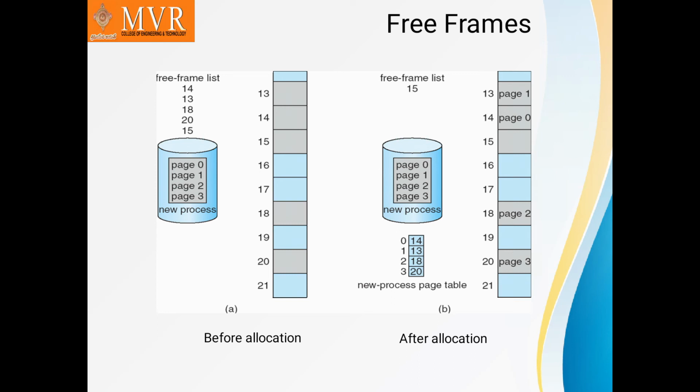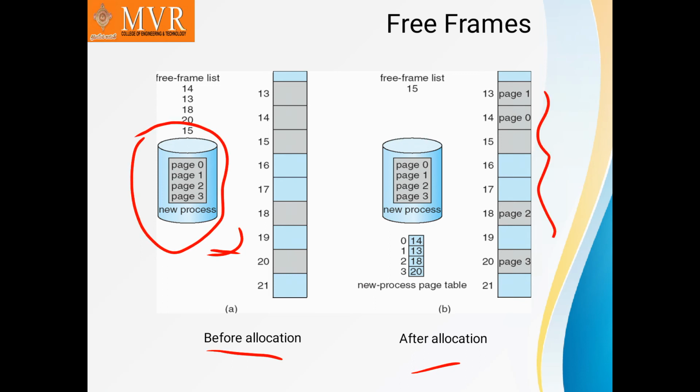See this picture, it is before allocation and after allocation. So here page 0, 1, 2, 3, the 4 pages of a new process, will be allocated in the physical memory. See here, these pages 0, 1, 2, 3 are allocated in physical memory.